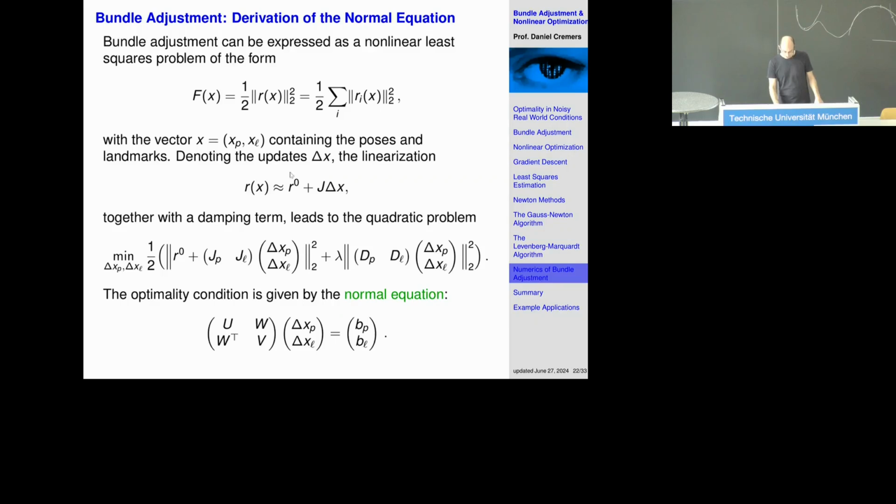So based on this linearization, we have a quadratic loss in the updates of the camera poses and the landmarks. And this we want to minimize, right?